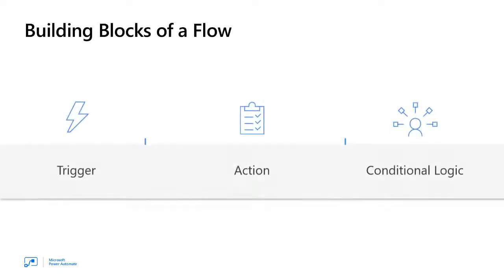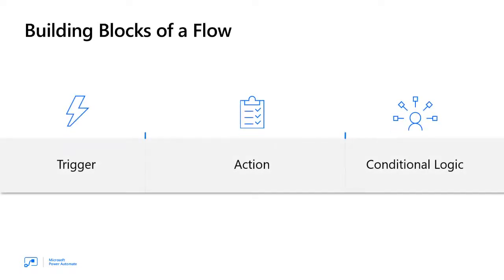The idea of what Flow works on is based on what's called triggers, actions, and conditional logic. Think of Flow as if you've used any of the other automation tools like IFTTT, or if you remember in your classes on data structures and algorithms, when you're talking about if-then-else, it works the same way.